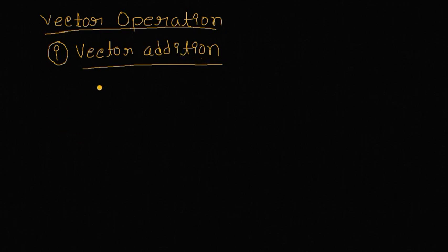Now if we have a vector which is A vector and another vector which is B vector, and if we add both of them, the resultant will be A vector plus B vector.